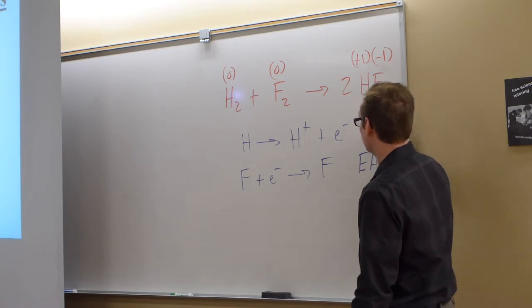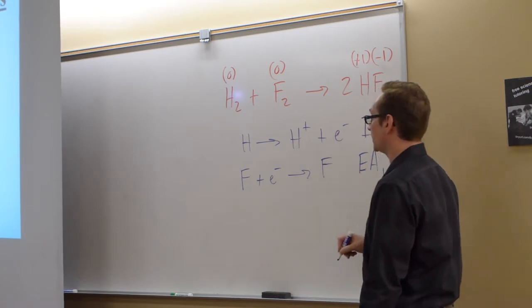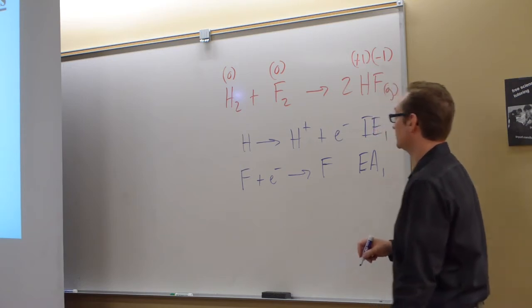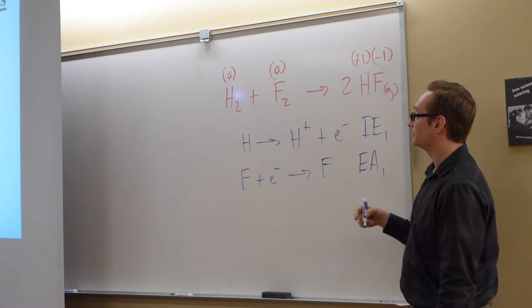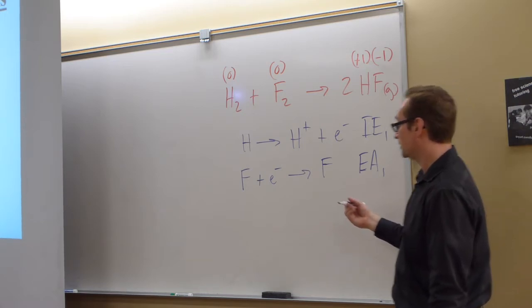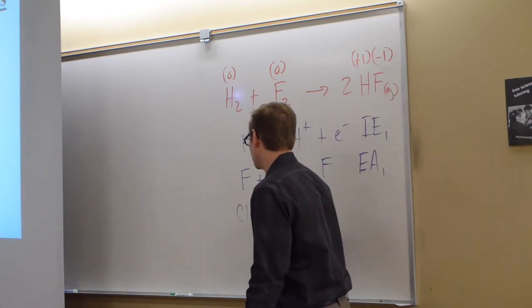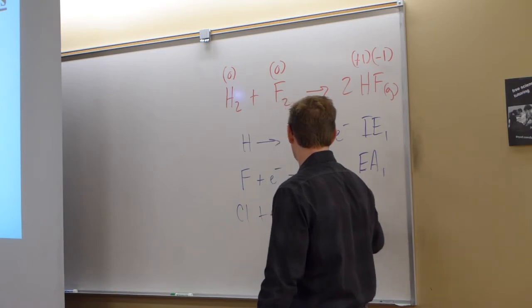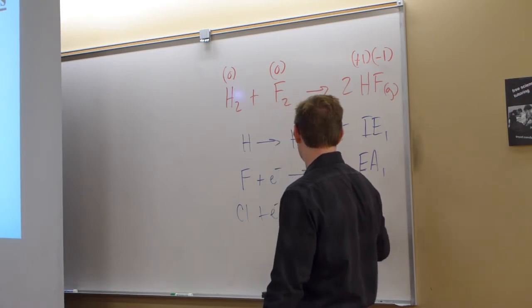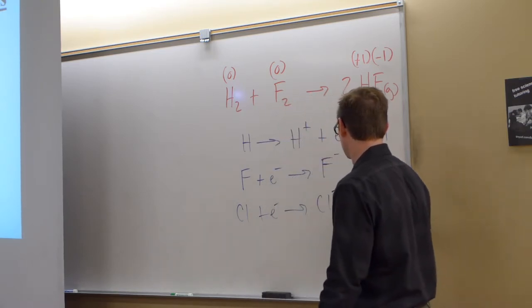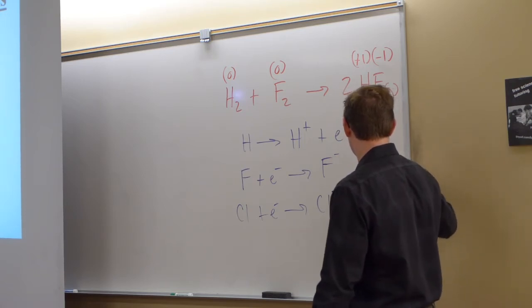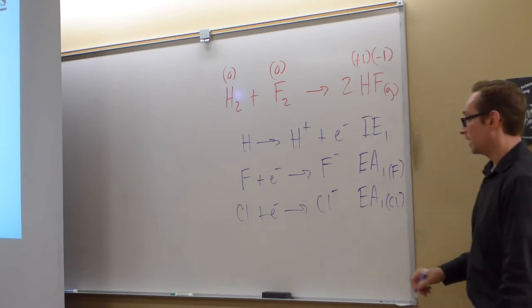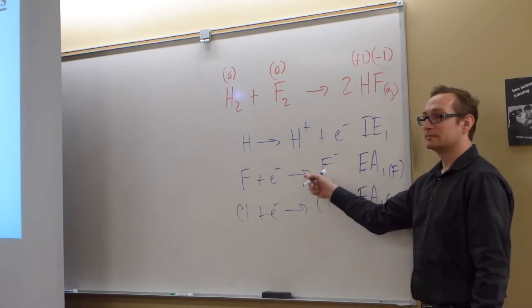This is the IE for hydrogen. Now hydrogen is always the same in all these reactions, right? So the only difference is, if I do chlorine, which one is going to be more exothermic?